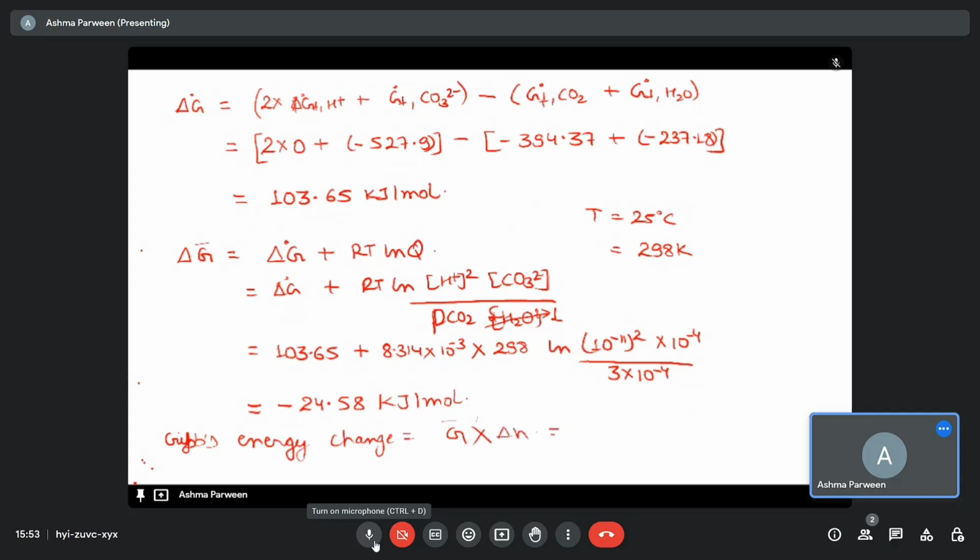So it is minus 24.58 times 10 raised to 3 joules per mole, and the number of moles involved is 15 micromoles, so 15 times 10 raised to minus 6.